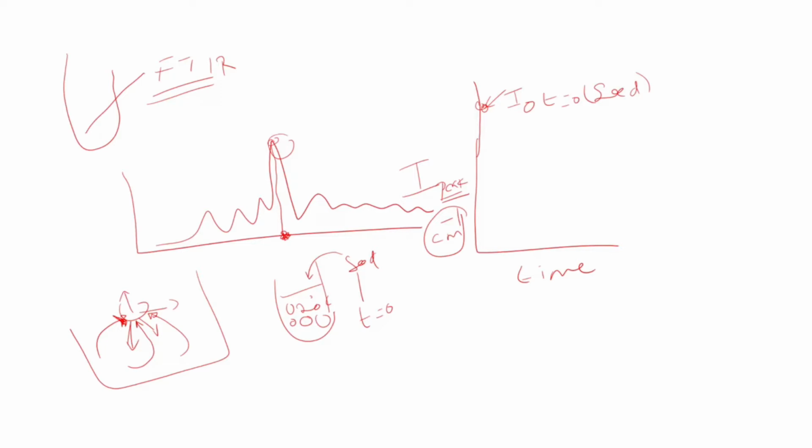So what we are doing is, we are not monitoring the concentration. What we are monitoring is the IR intensity. During this growth process, your paracetamol concentration is going to decrease in the solution, which means your IR intensity is going to decrease.